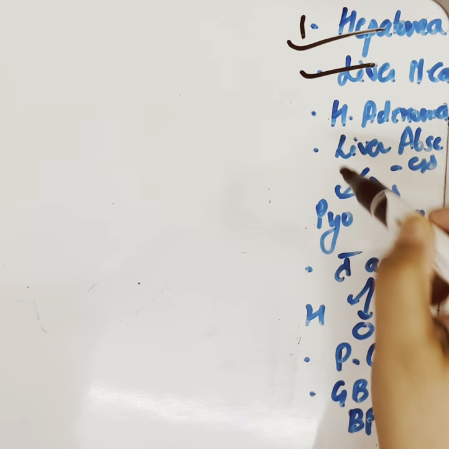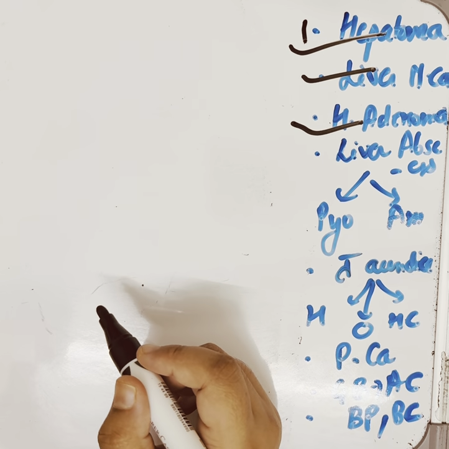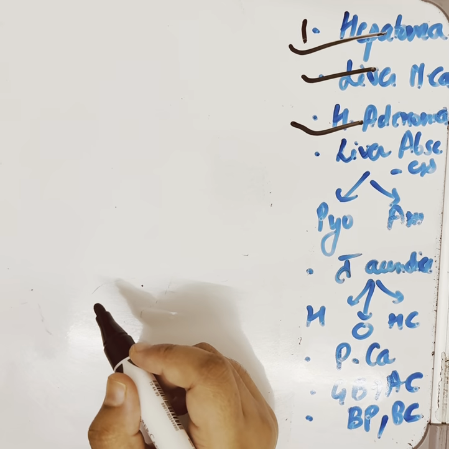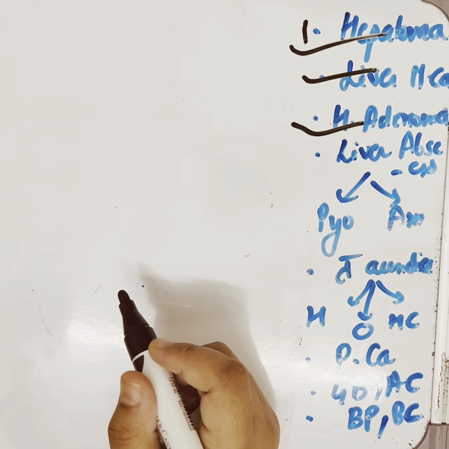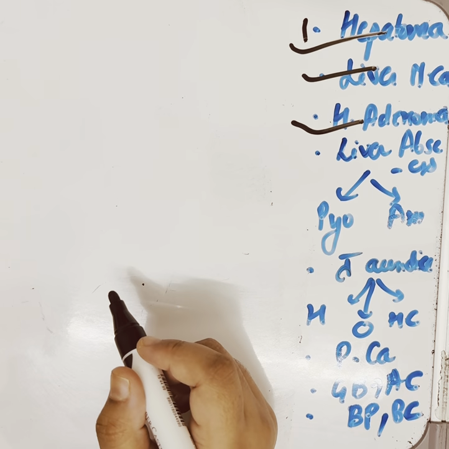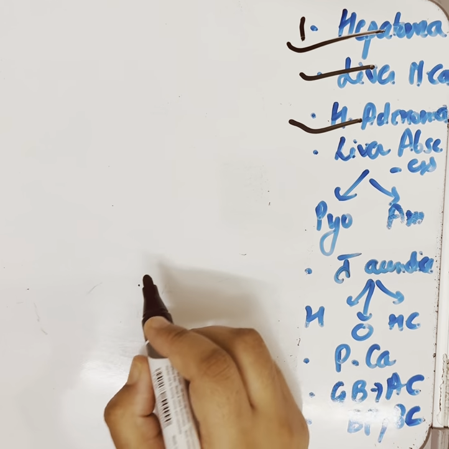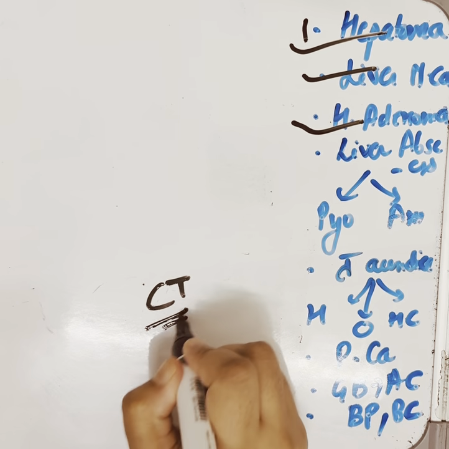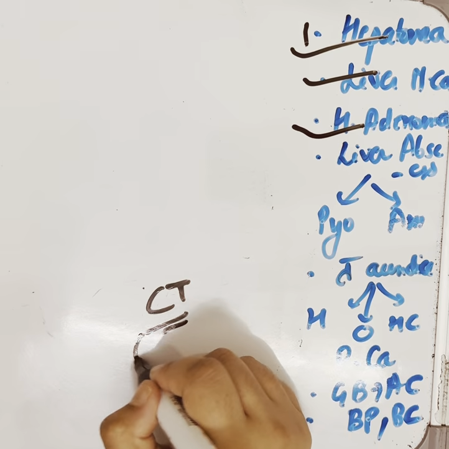Next is hepatic adenoma. Hepatic adenoma is mainly a complication in females on OCPs, and it can rupture and bleed massively into the abdomen, so it presents with diffuse abdominal pain, hypotension and tachycardia. CT abdomen is diagnostic, and we have to stop the oral contraceptives.